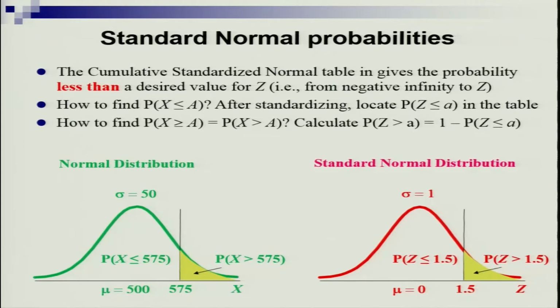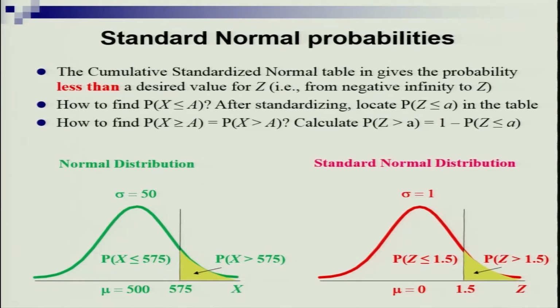So here we are replacing the arbitrary number capital A with 575, and note that by the theory of probability, the probability is the area under the normal curve capped at the vertical line drawn at the value 575.